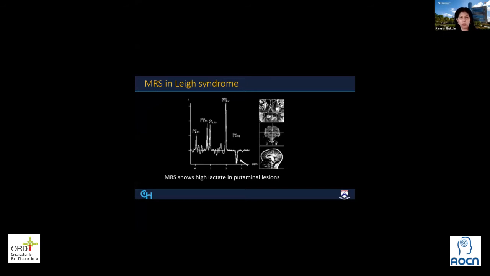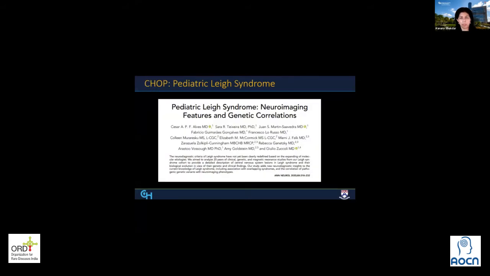So what I wanted to tell is that when I was learning this, we used to think only certain regions are involved. But in the last year, there was this excellent work done by my clinical and research colleagues at CHOP, who extensively reviewed about 200 cases of Leigh's syndrome. And they put forth several neuroimaging findings.